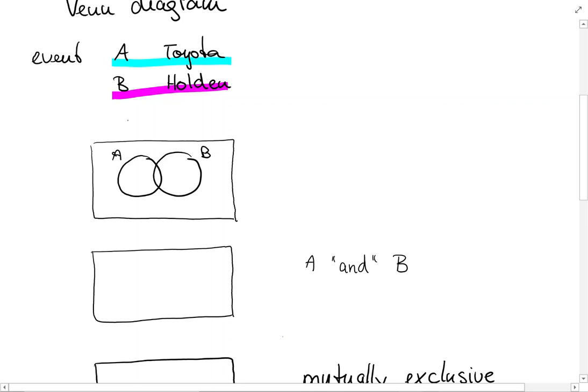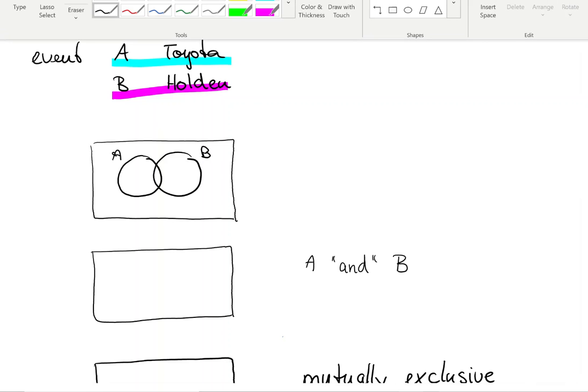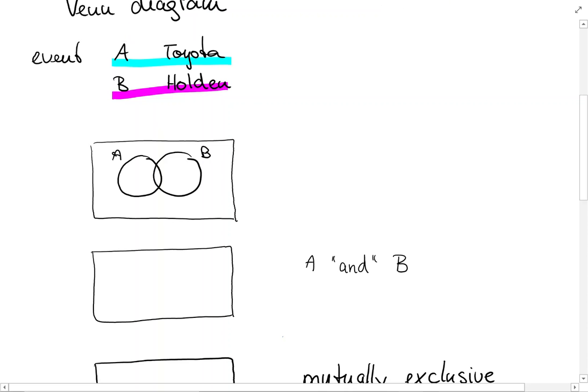Now, if I want to know how many people are driving a Toyota or a Holden, what that means is I really want to have all the people here in the circle. So A or B, that's what I say, but what I would write is A and something that looks like a U and a B. So this U here, or something that looks like a U, stands for union.